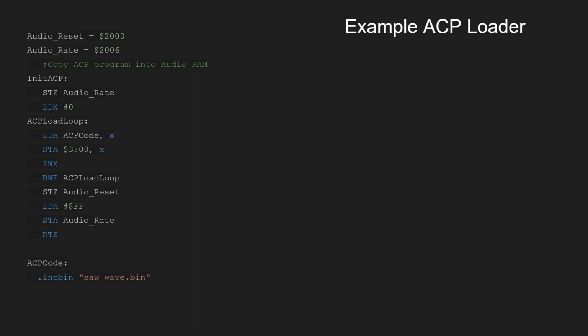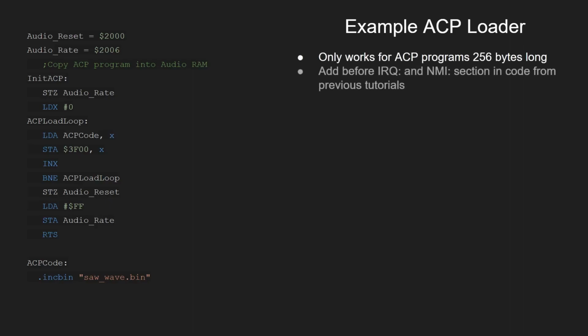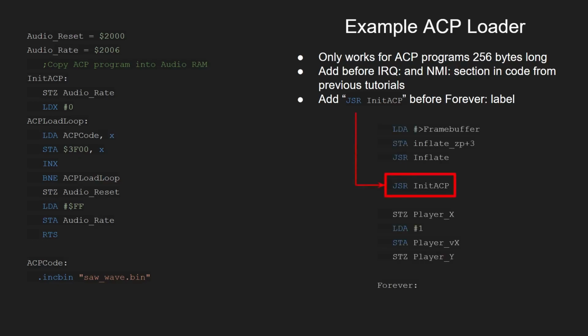It's important that when copying the program to audio RAM, the data is aligned to the end of audio RAM because that's where the ACP will look for the reset, NMI, and IRQ vectors. This subroutine also includes pausing and unpausing the ACP, as well as setting the sample rate. You can call it before the start of your main loop.